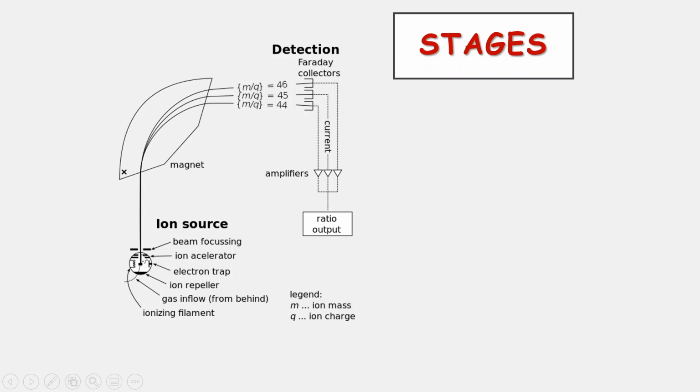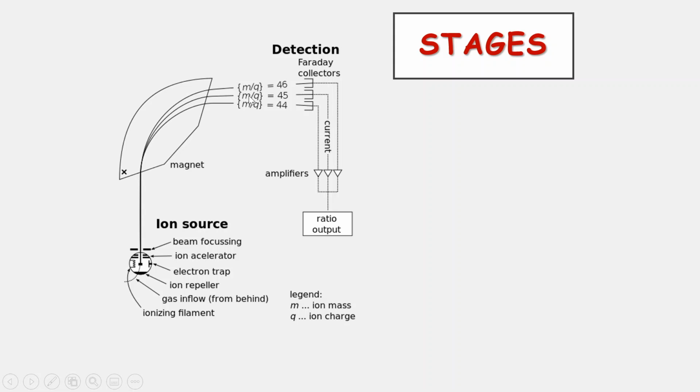And then it gets focused through a beam, and it goes into the mass spectrometer. Once it passes through that, there is a magnet present, and the purpose of that magnet is to attract charged particles to itself. And then as you can see, there are 3 different paths that get taken for this particular substance.